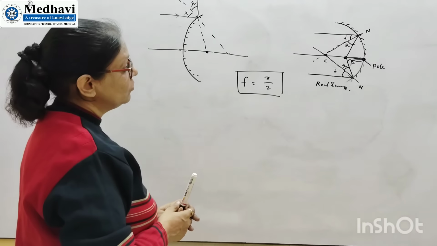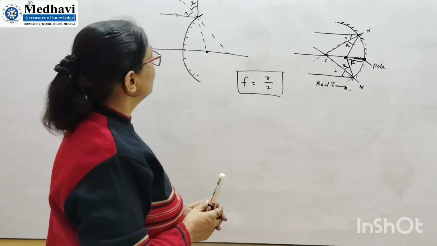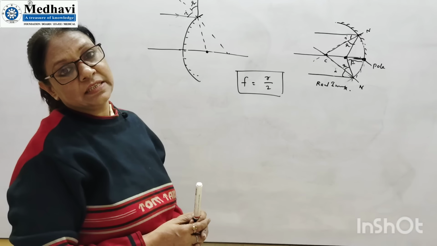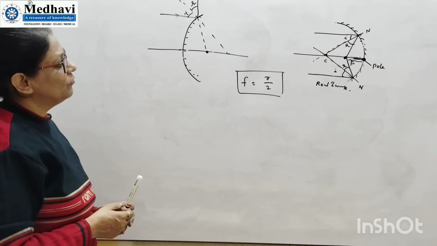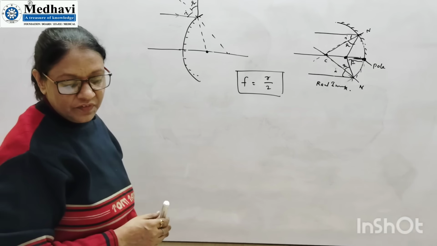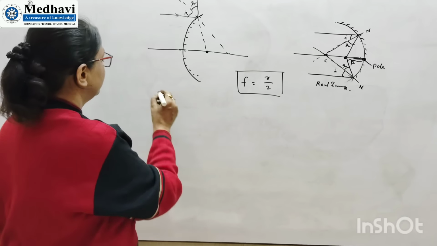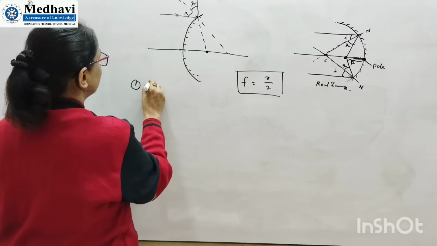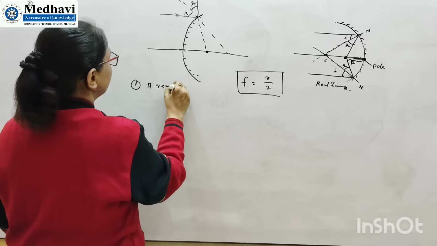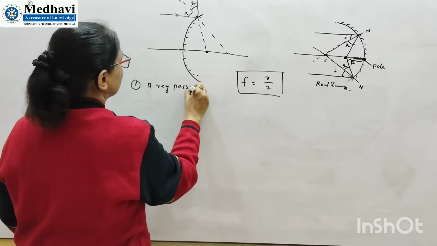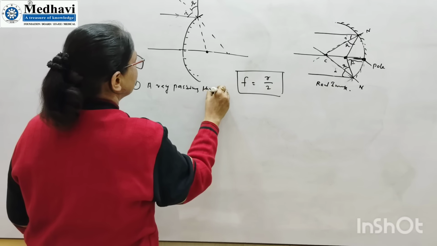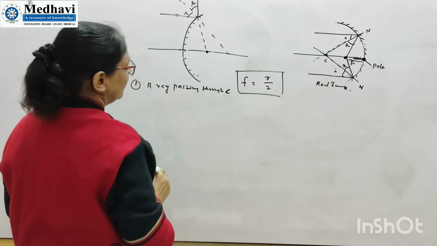Whenever we are going to draw a ray diagram, there are some points we have to focus on. For example, the first: a ray passing through the center of curvature.